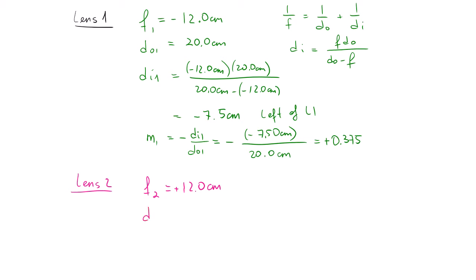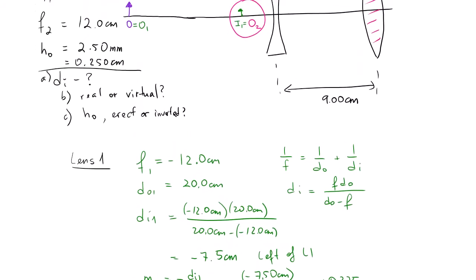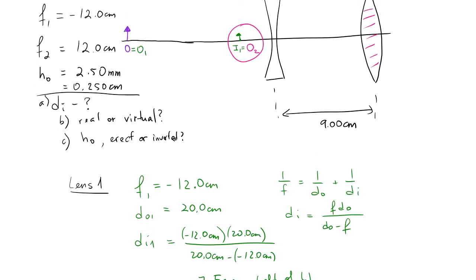For the distance of object 2 this time, if we take a look here, from object 2 to the first lens we found it equals 7.5 centimeters, and then our object 2 distance DO2 would be 7.5 centimeters plus 9.00 centimeters, which is equal to 16.5 centimeters.